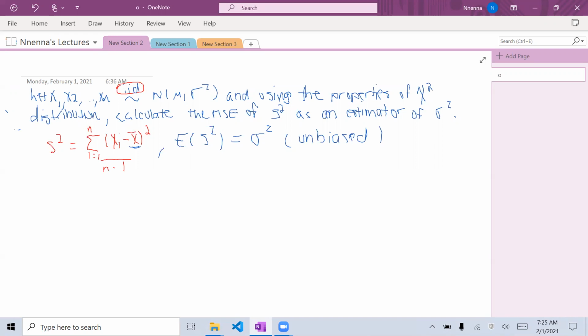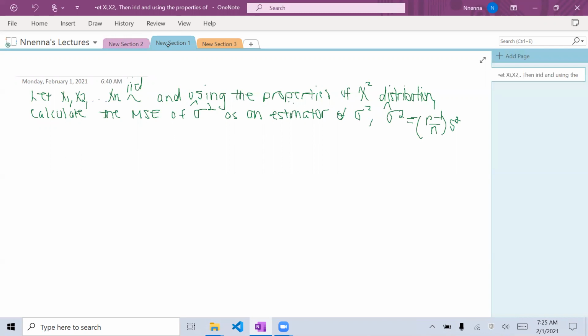So when I want to compute this MSE of the sample variance, I'm going to think about it in the context of the variance. Now, before I answer the question, I'm going to direct your attention to the way the question changes when you introduce an estimator for sigma squared that is a function of n. You also ask another question, to find the MSE of sigma hat squared, which is equal to n minus 1 over n times S squared.